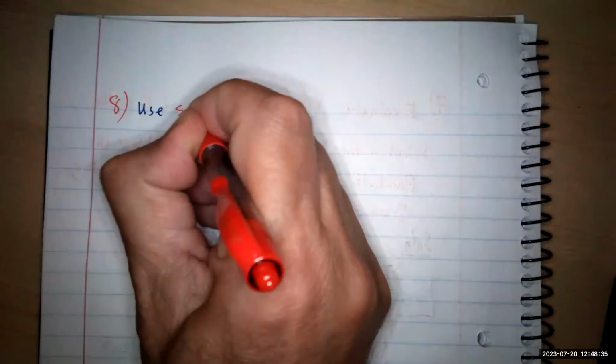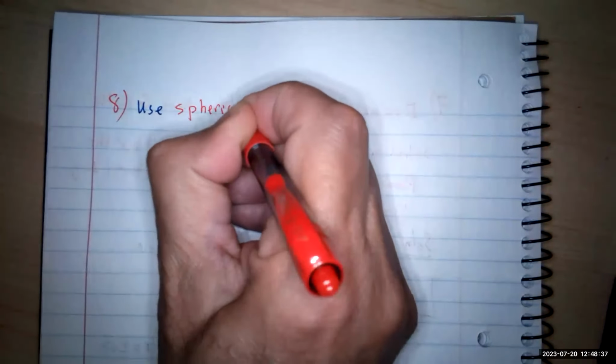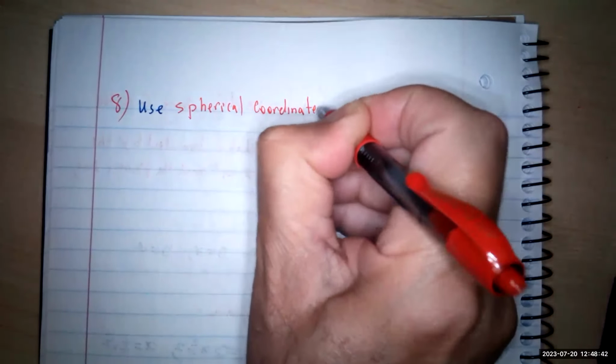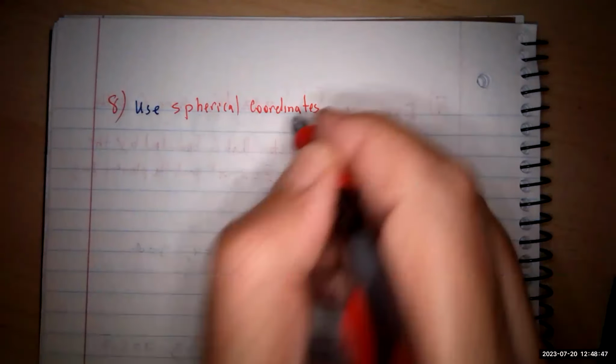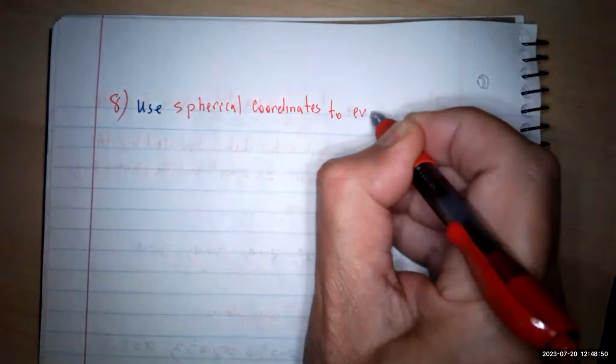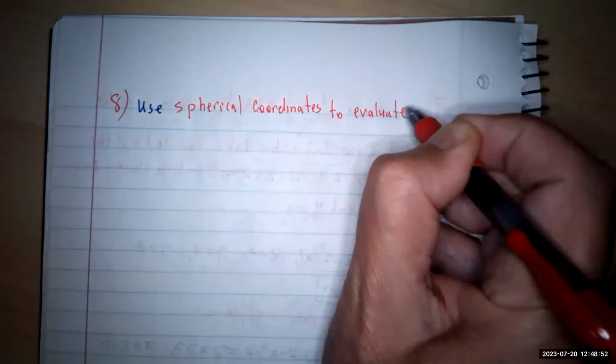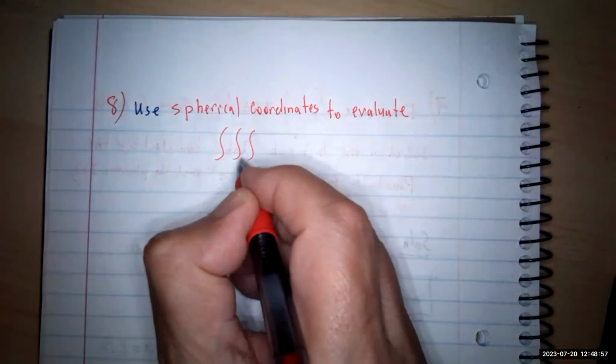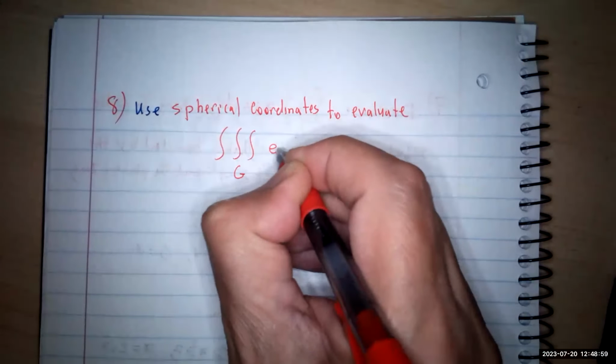Just one spherical coordinate. So you've been asked, use spherical coordinates to do this one. Again, it's a very symmetric, nice format to evaluate this integral. And that's a G. Again, format is nice.